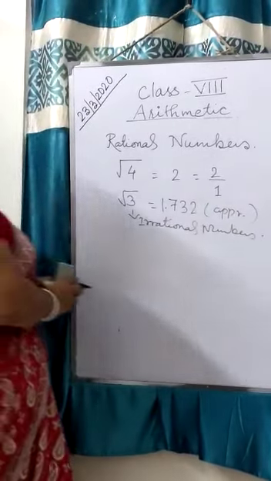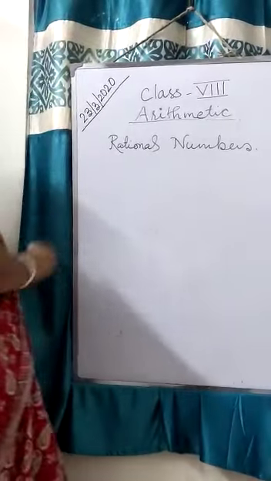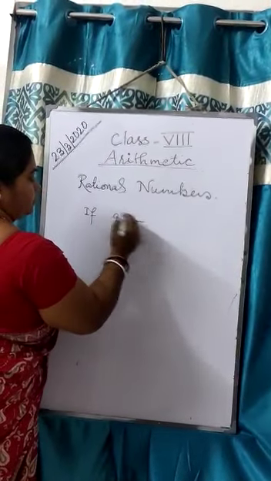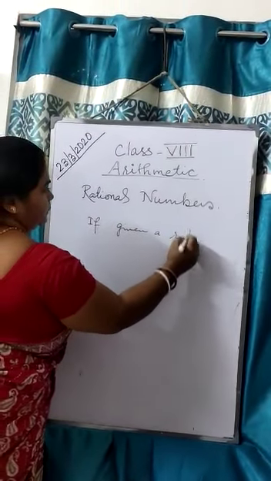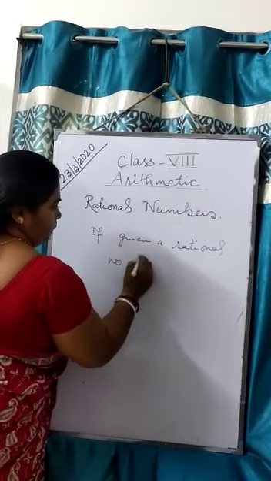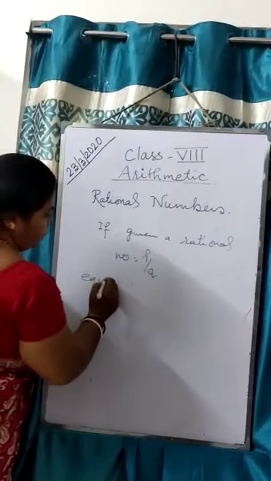Now, how to find the equivalent rational numbers? What is the meaning of equivalent rational numbers? If we have given a rational number p by q, what would be the equivalent rational numbers?